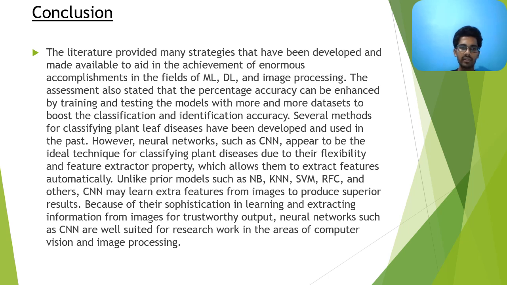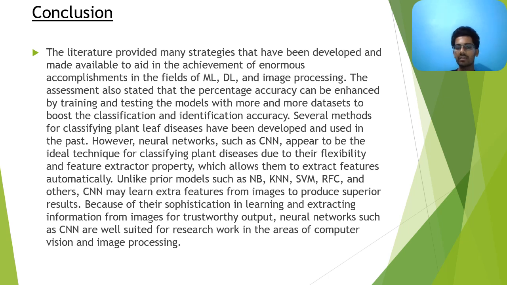Several methods for classifying plant leaf disease have been developed and used in the past. However, neural networks such as CNN appear to be the ideal technique for classifying plant disease due to their flexibility and feature extraction properties, which allow them to extract features automatically.